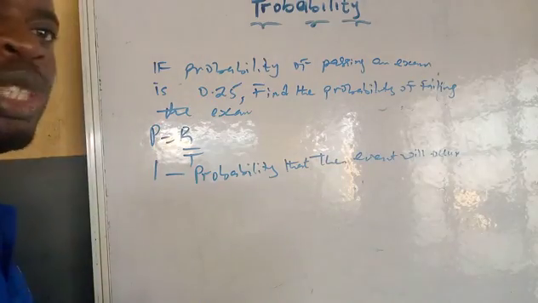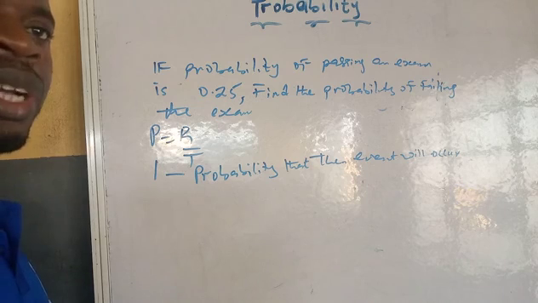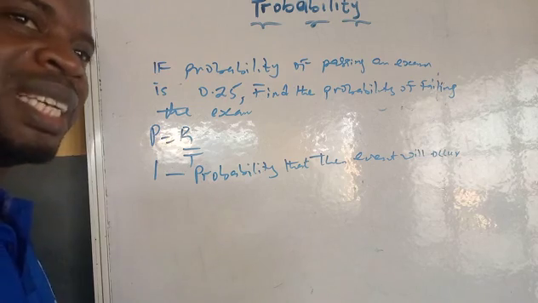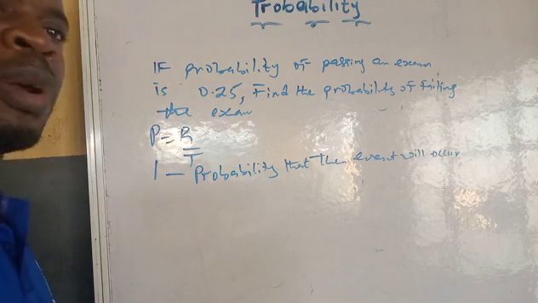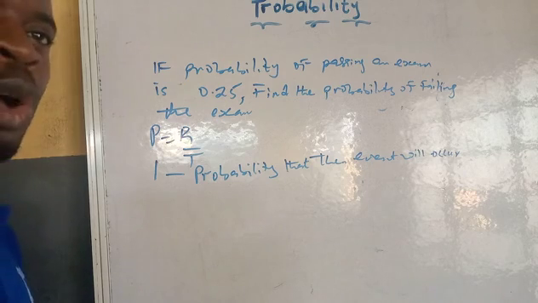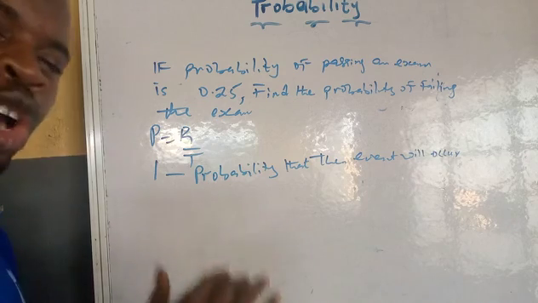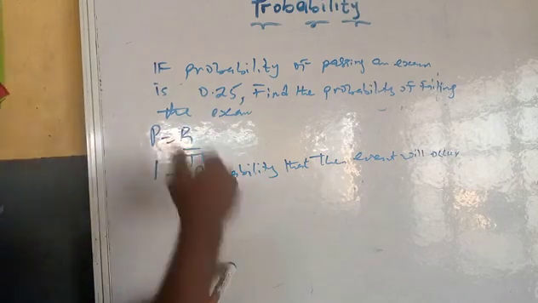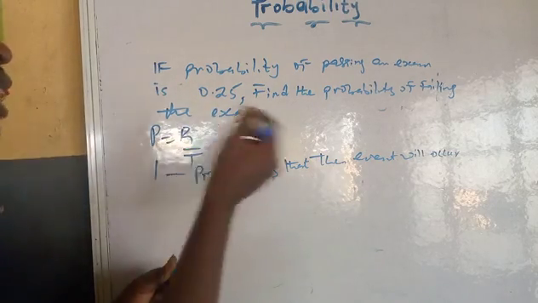So if I say the probability that it will rain is 0.5, the probability that it will not rain is 1 minus 0.5. If I say the probability of passing an exam is 0.50, the probability that it's not going to pass the exam is 1 minus 0.50. So as we have the question now, the probability that it is going to pass the exam is 0.25.